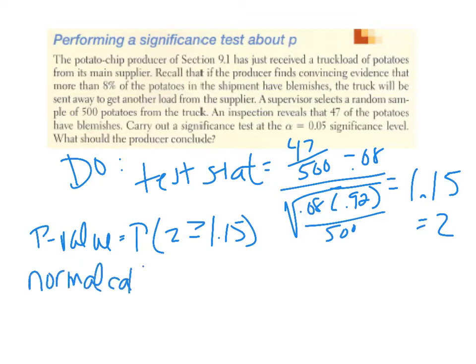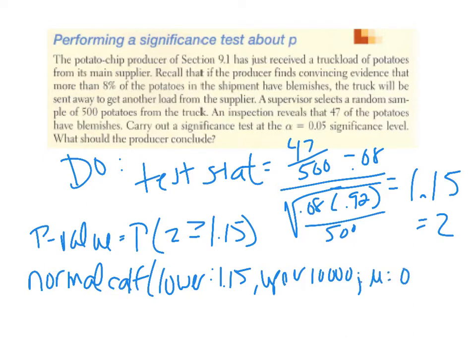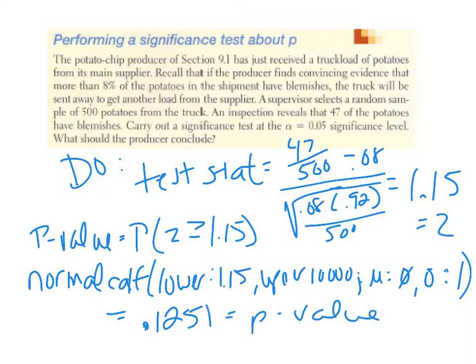Okay, my normal CDF function with my lower being 1.15, my upper being a big giant number, and then again my mean is equal to 0, and my standard deviation is equal to 1. Okay, and so what that will give me is a p-value of 0.1251. That is my p-value. Okay, so now I can finally go on to the conclusion part.